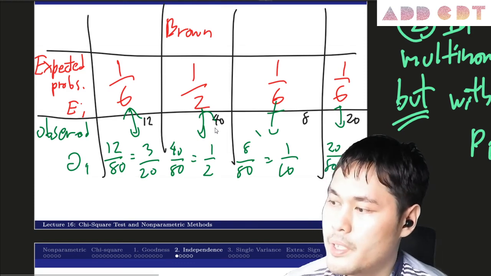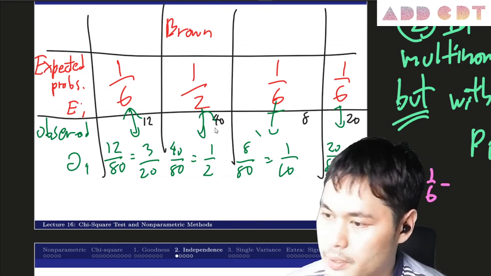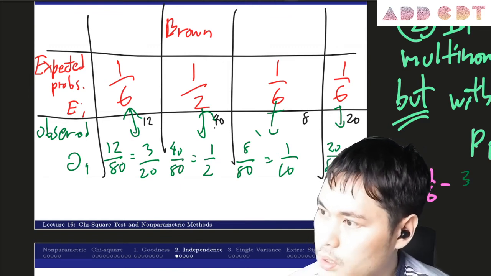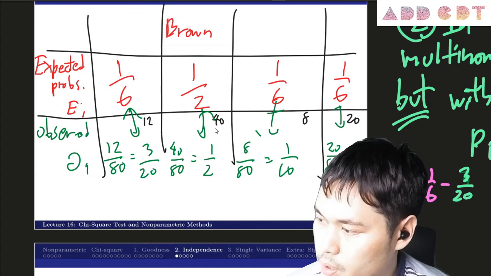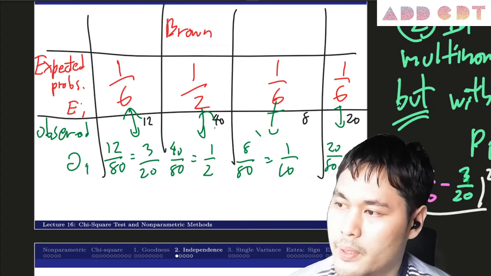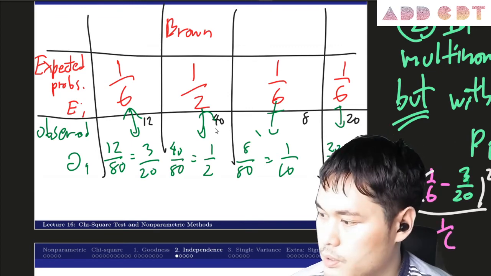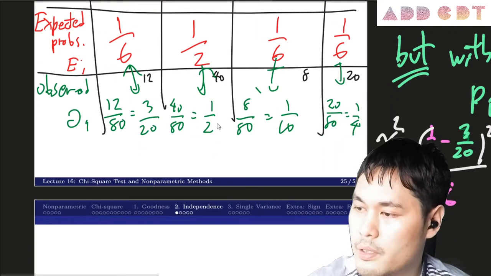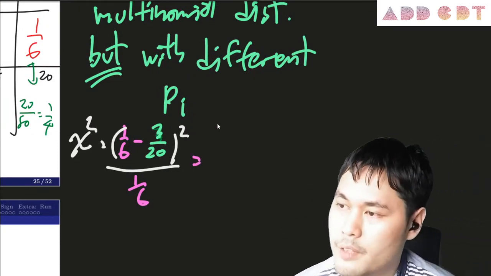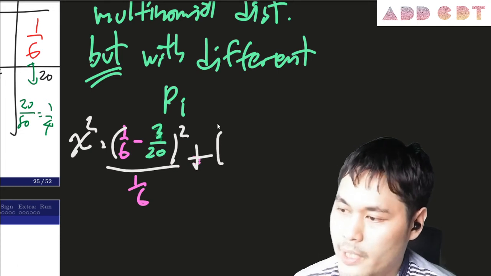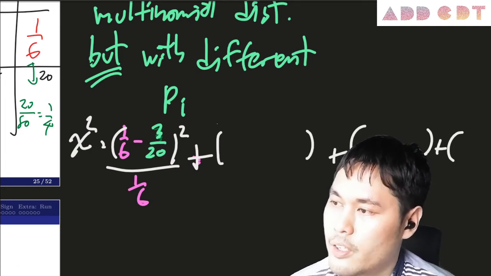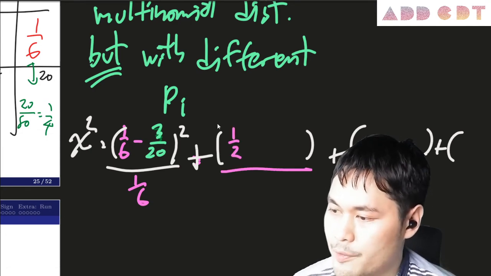The first one will be 1/6 subtract 3/20, squared, divided by the expected count, which is 1/6. So this is the number for the first one, and then we simply repeat that for each of the 4 categories.